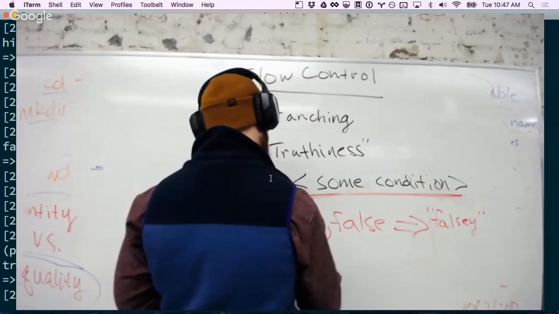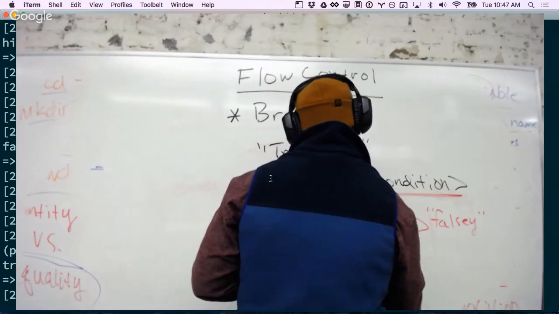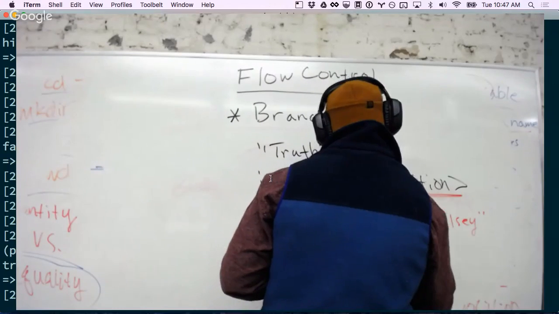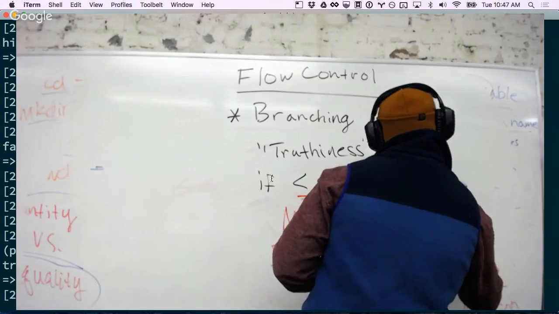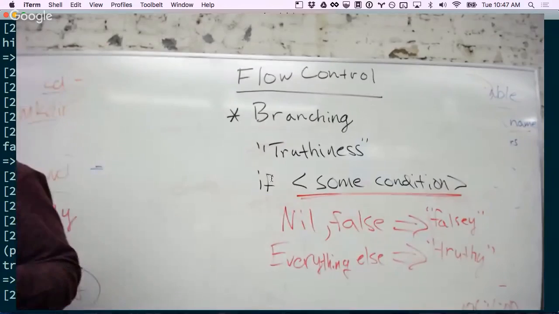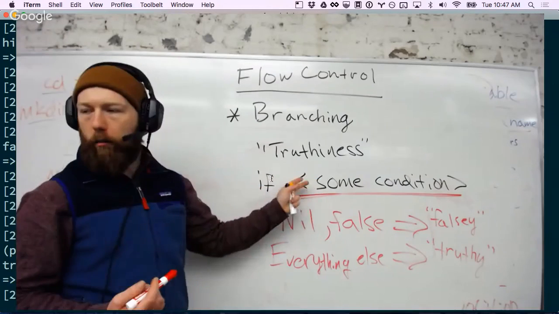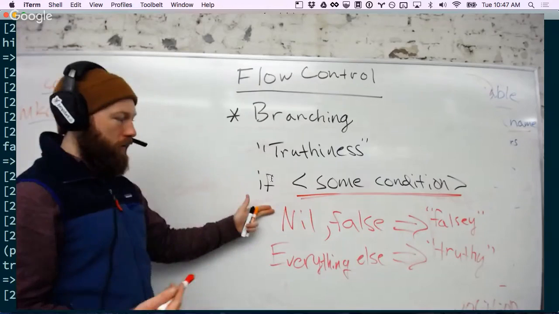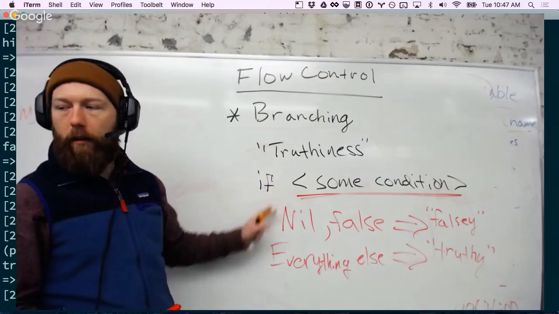Everything else is treated as truthy. And again, what do we mean when we say falsy and truthy? We mean that when these values are used in the context of a Boolean expression, they're treated as false. Or, when these values are used in the context of a Boolean expression, they're treated as true.